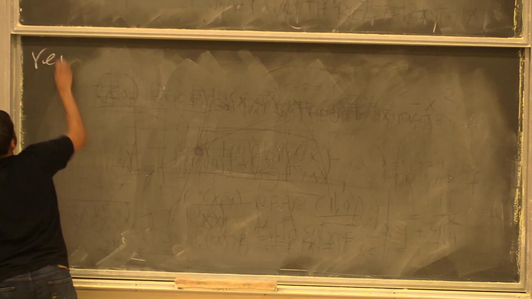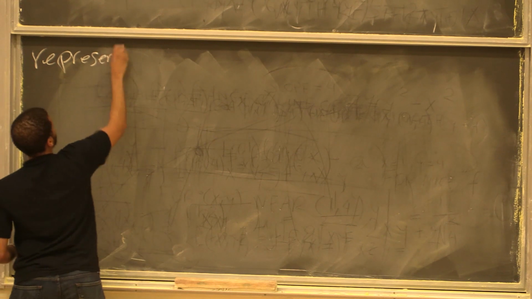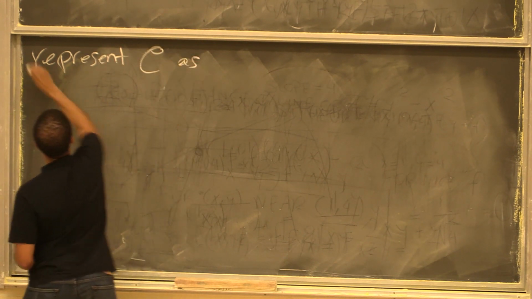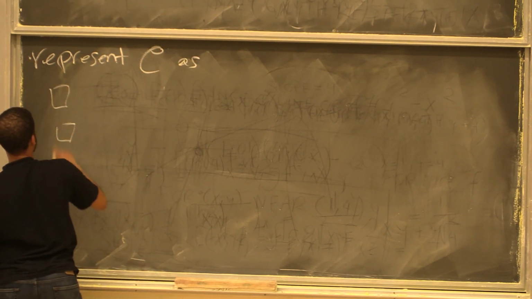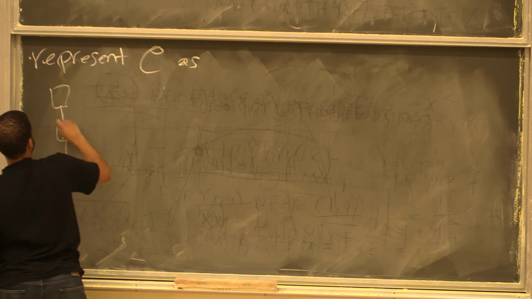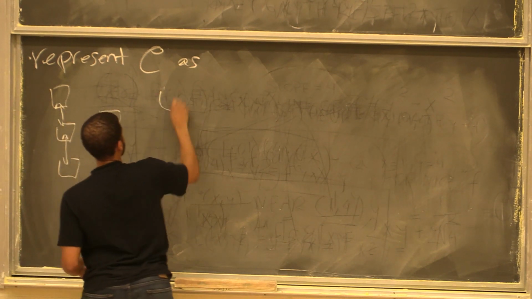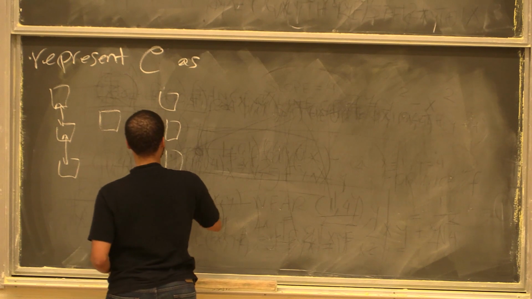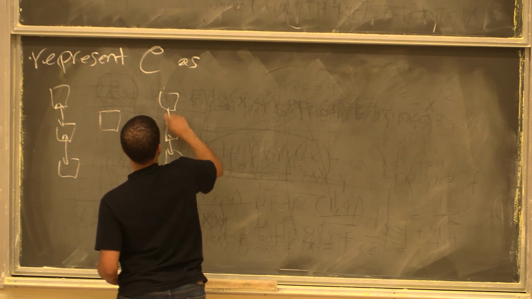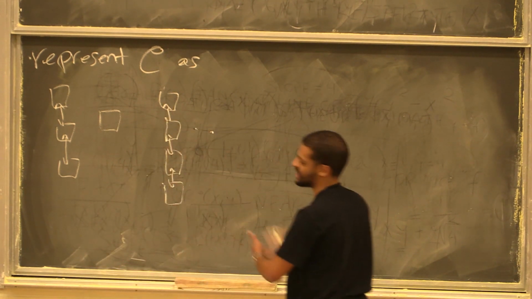Here's one linked list, here's another one, here's a longer one, etc. So here I have 3 sets in my collection.